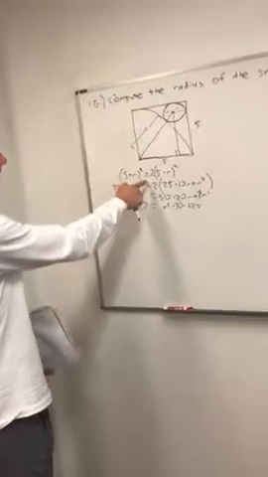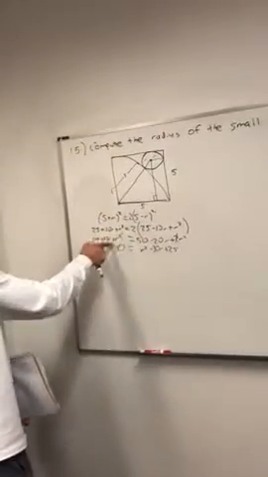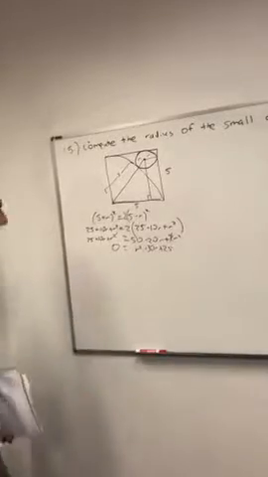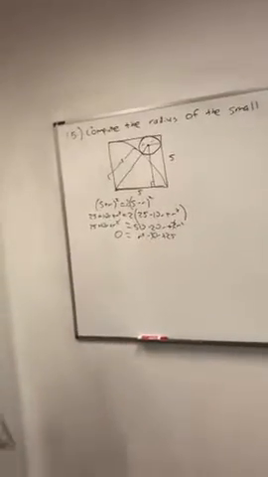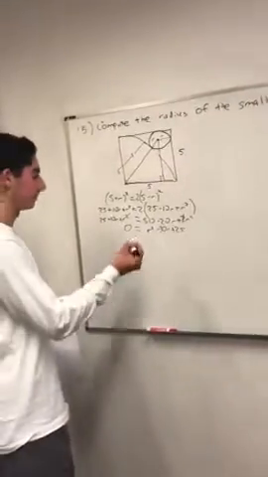So we do that, simplify it, and then we get down to 0 equals R squared minus 30R plus 25. And we can't factor that, so we're going to use the quadratic formula over here.